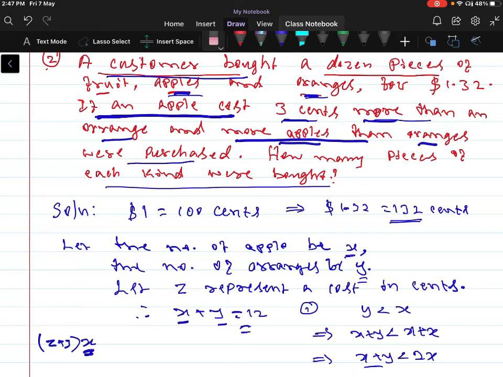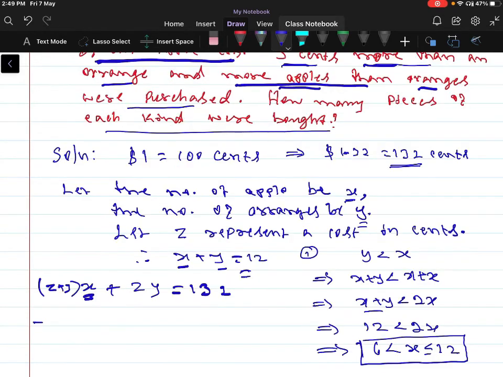So here y represents the number of oranges and z represents the cost of the fruit. So z into y represents the cost of the oranges here. The sum of the cost of apples and the cost of oranges is equal to 132 cents.